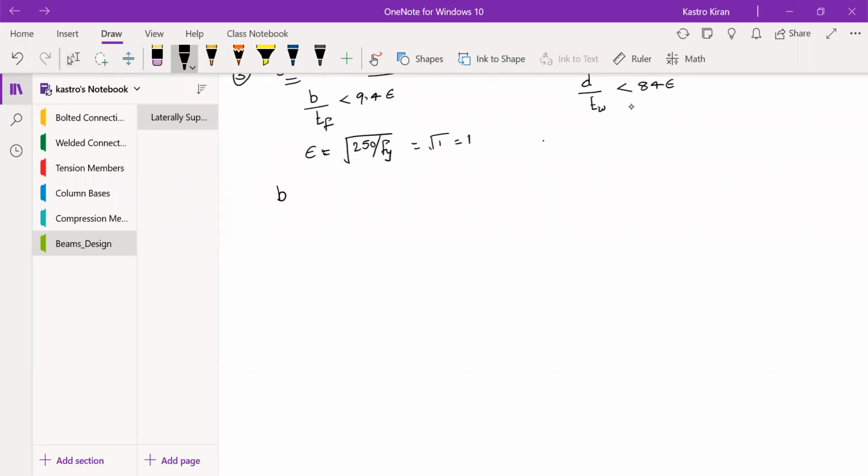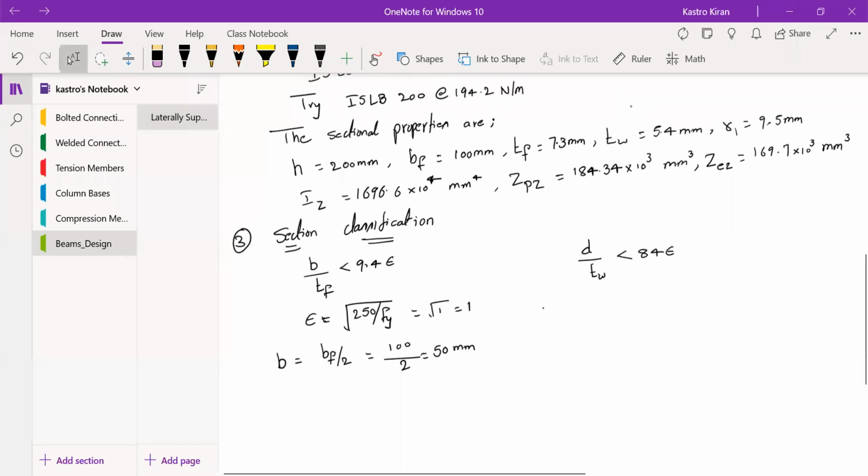So let's find out the B by TF value. Here B is calculated as half of the width of flange. The same thing we have discussed in the compression members also. So B equals half of the width of the flange, that is 100 divided by 2, which will give you 50 mm.